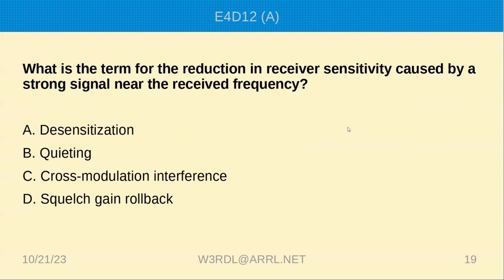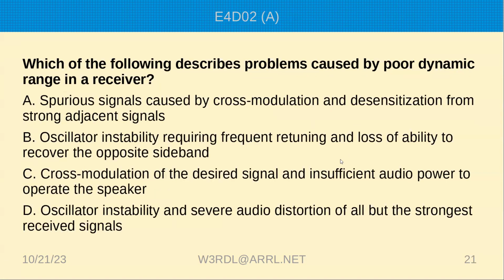So what's the term for a reduction in a receiver sensitivity caused by a strong signal near the received frequency? Desensitization. When we talked about that in the general on FM, it was just called overload. Which of the following describes problems caused by poor dynamic range in a receiver?